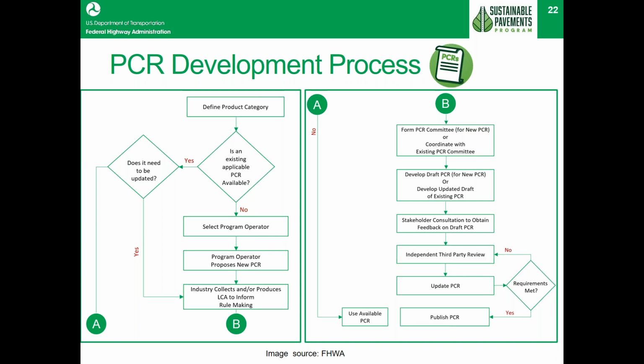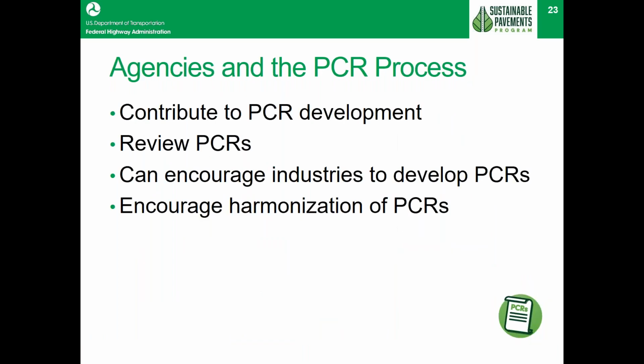Then again, there would be the data collection, formation of committees, the development of the PCR itself with review by stakeholders, review by third party, and then determination of whether rules have been met. But in any event, this is the flow chart that shows how to think through that process.